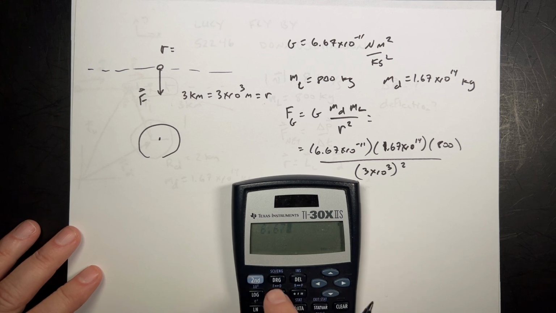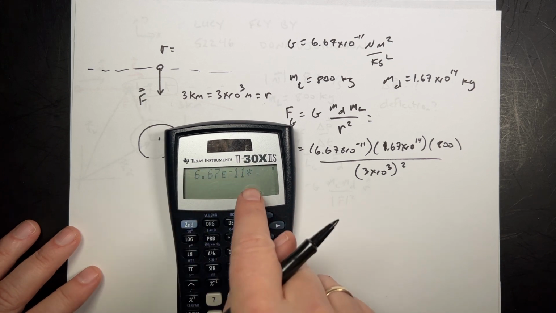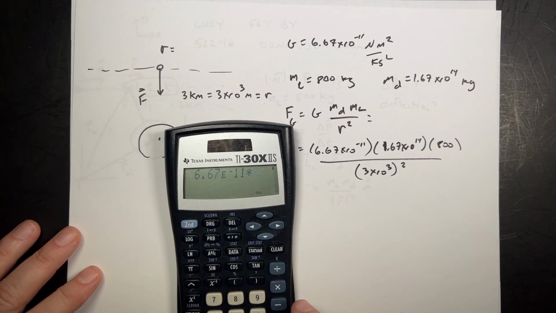6.67, use your scientific notation button, negative 11. If you use your scientific notation button, then this gets treated as just one number, so that's really helpful. Times 1.67 scientific notation 14, times 800.